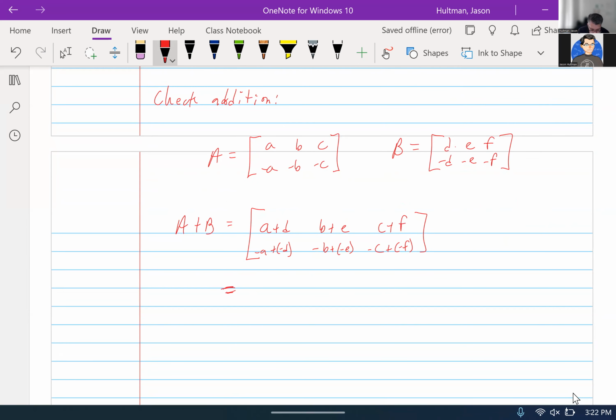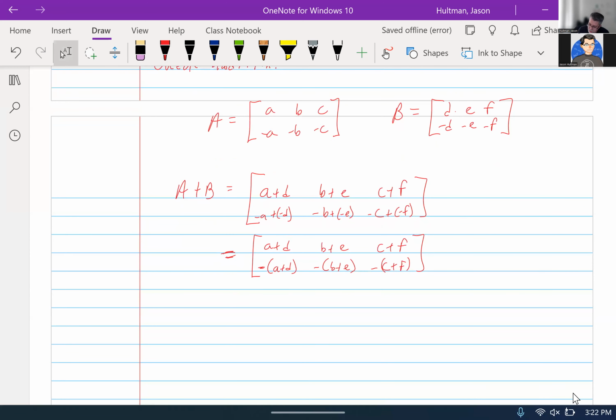I'm sure you can see where this is going already, but let's make sure we do our due diligence. I'm going to factor out a negative from each entry on the bottom: a plus d, b plus e, and c plus f, and negative of a plus d, negative of b plus e, and negative of c plus f. If I were to add the rows, the columns would still sum to 0, 0, 0.